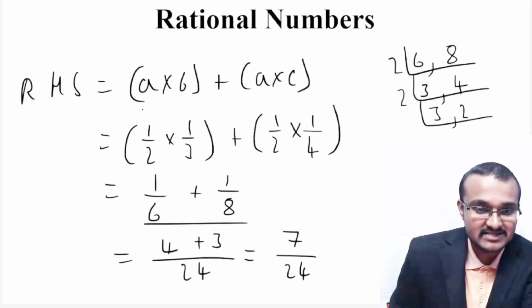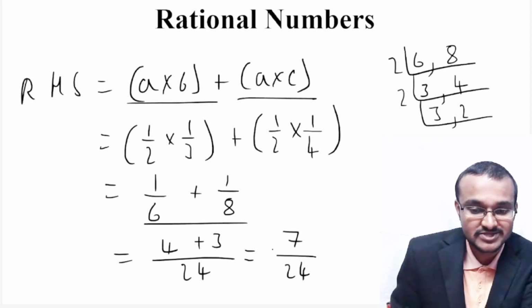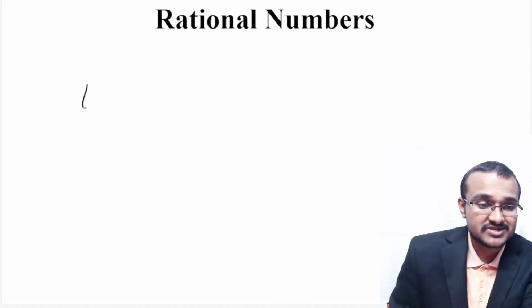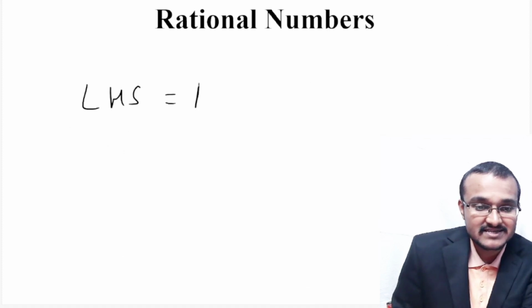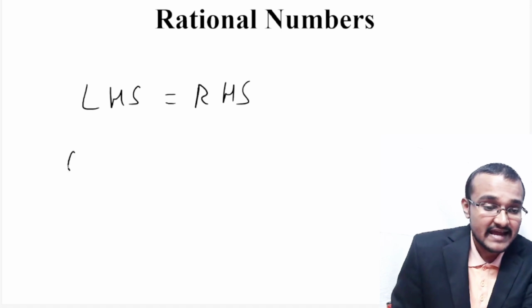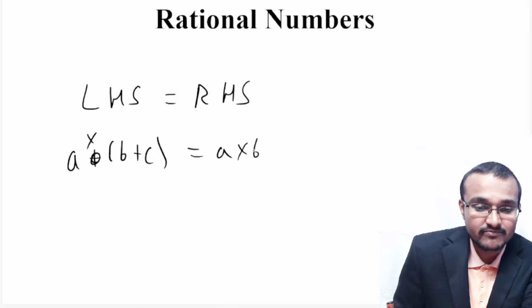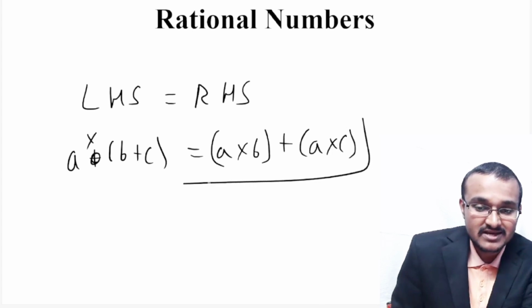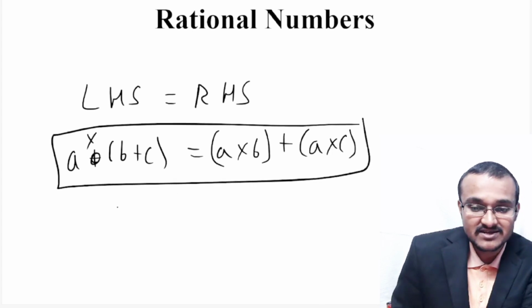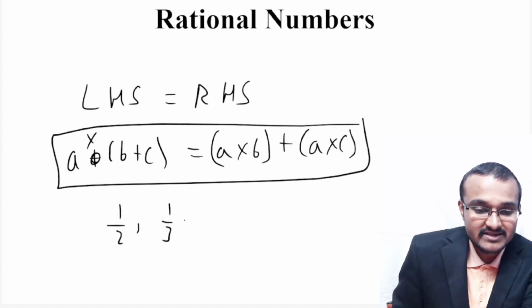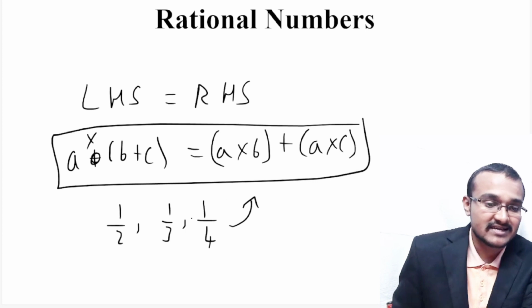Similarly, when you solve the RHS part, that is A into B plus A into C, again you got 7 by 24. So this shows LHS is equal to RHS. That means A into (B plus C) is equal to A into B plus A into C. So this shows these rational numbers 1 by 2, 1 by 3, 1 by 4 obey this equation.